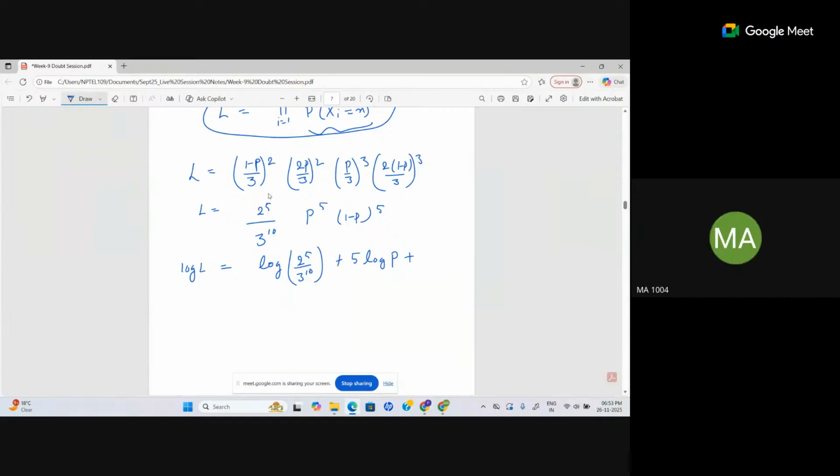This is the constant term, so ultimately this will be 0, but I am writing it so that you don't have any confusion. And then it will be 5 log of (1 minus p). Now we have to differentiate this function.